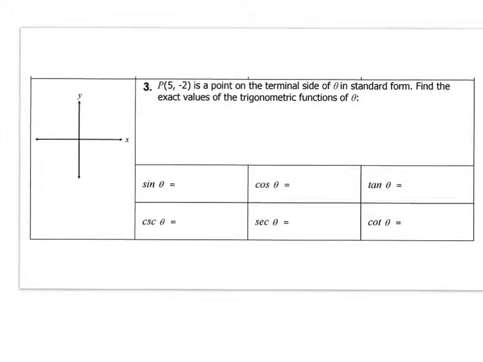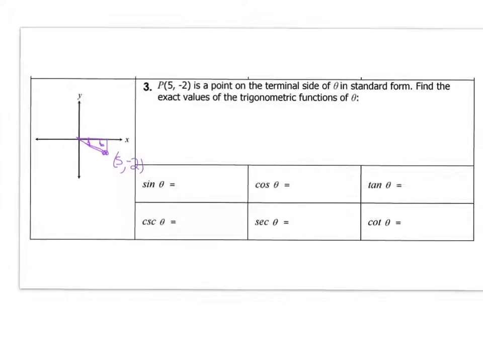So if I go over 5 and down 2, I end up right here, right? (5, -2). And when I do that, this makes a little right angle, and then I make a right triangle, right? Well, here's the angle we formed. That's our angle right there, okay? And so what we're doing is we're going to find all the trig functions of that angle.